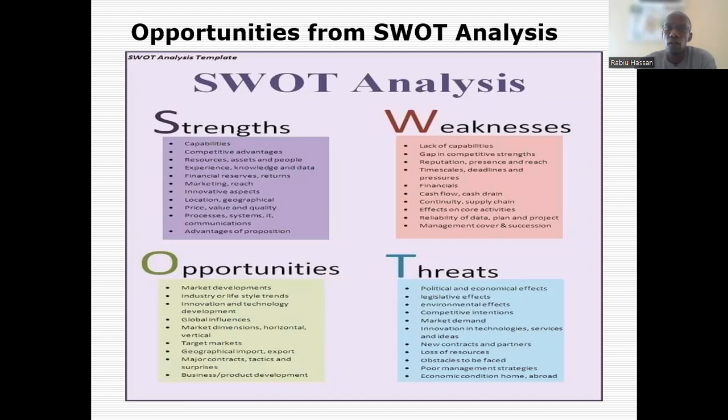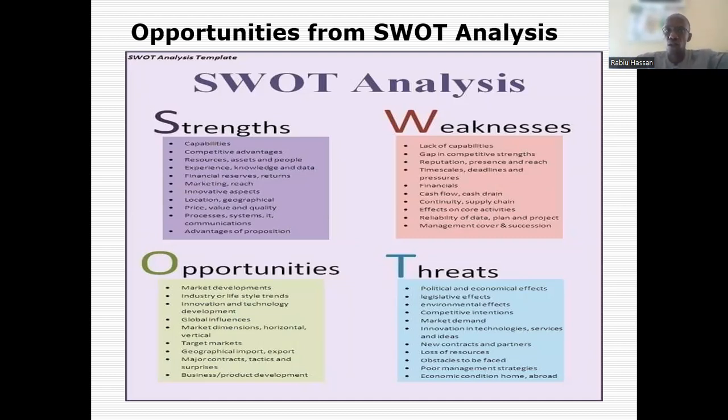When you examine yourself, you can discover areas where you have strengths, areas where you have weaknesses, and then opportunities around you in your environment, and the threats also in your environment. So the first two, S and W, are in you, while the last two, O and T, are in your environment.